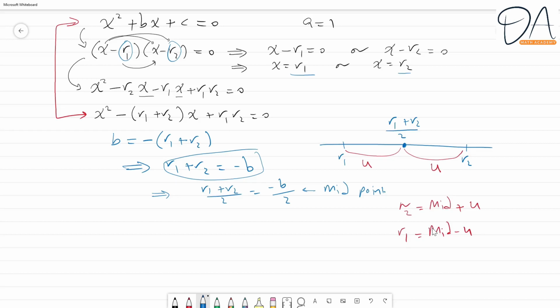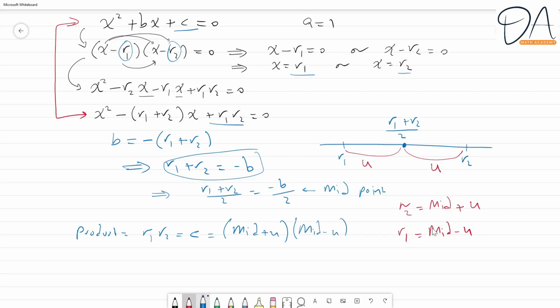Another thing is the last term here is c, and the last term here is r1 times r2. In other words, the product is equal to c. So this is the product of the two. It's equal to c. And this product, we can write it in terms of midpoint plus u times midpoint minus u.